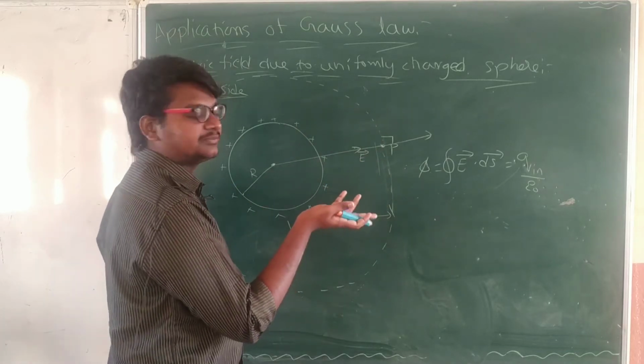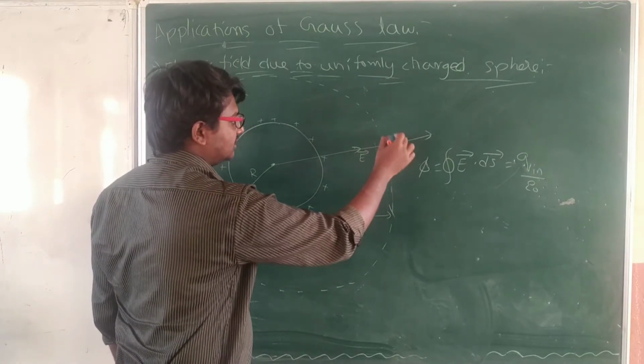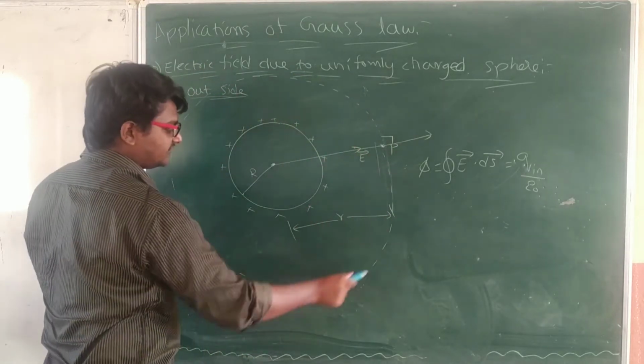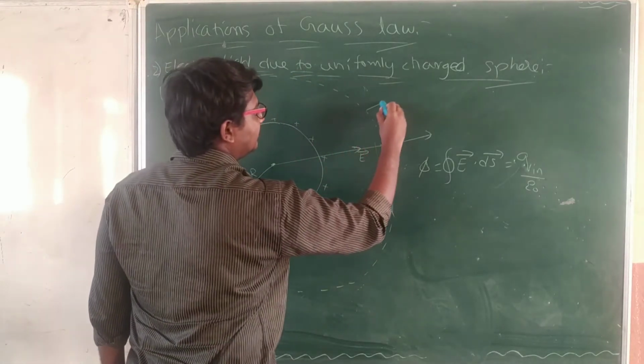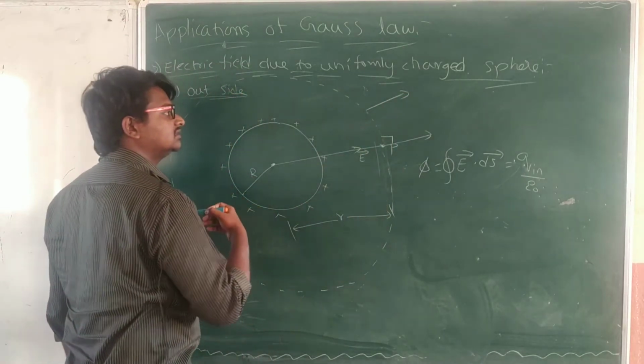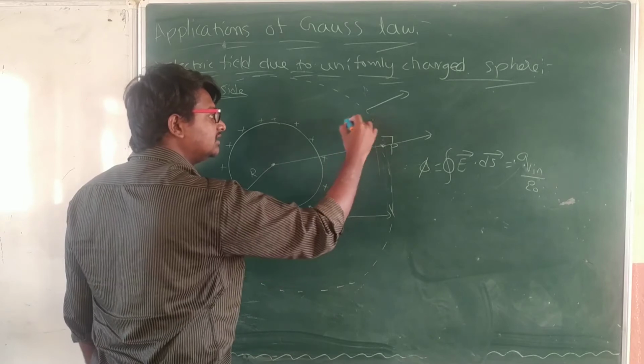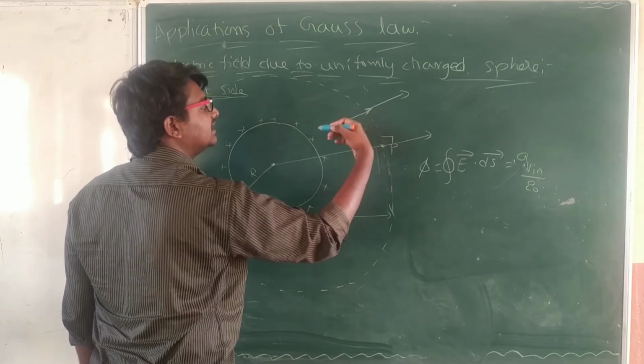The Gaussian surface has a perpendicular like this, and with that perpendicular the electric field makes an angle of 0 degrees.